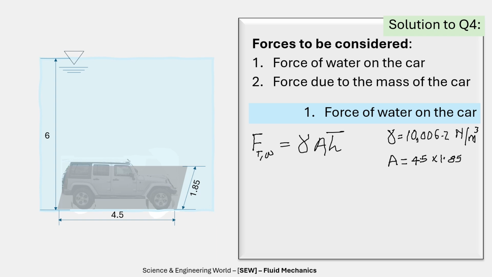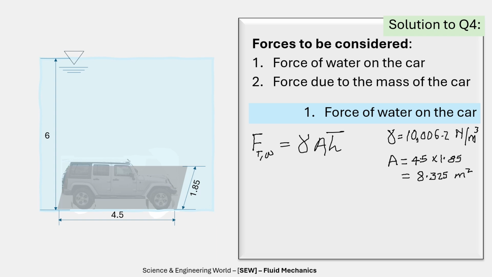And this gives us 8.325 meter square. Since we've taken the assumption that the car is a flat plate lying at the bottom of the lake, it is taken as a surface that is horizontal to the action of the water on it.